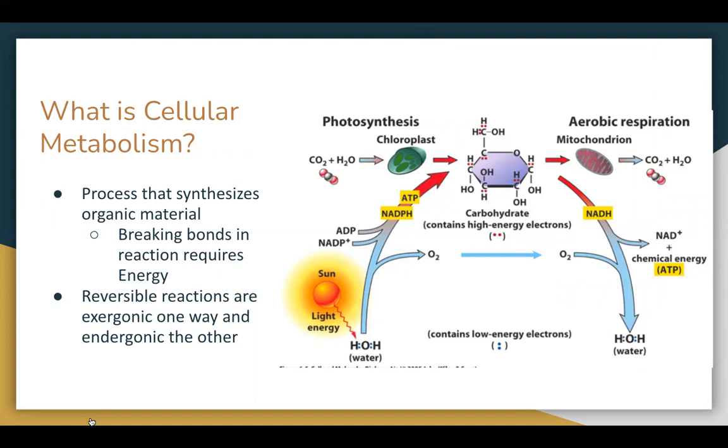Reversible reactions are exergonic one way and endergonic the other. An example of this would be photosynthesis as the endergonic reaction requiring energy, requiring that ATP, while cellular respiration, the reverse of that, is exergonic and it releases free energy.